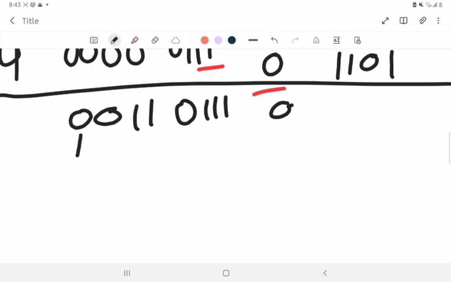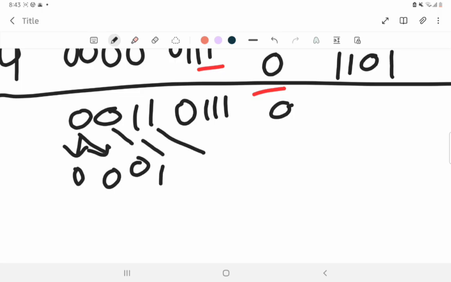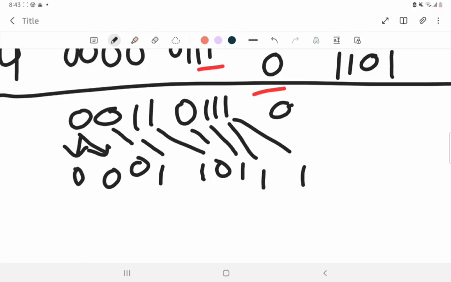So how to shift, right? You just copy this 0, then again 0, and then you do 0, 1, and then for Q 1, 0, 1, 1, 1.